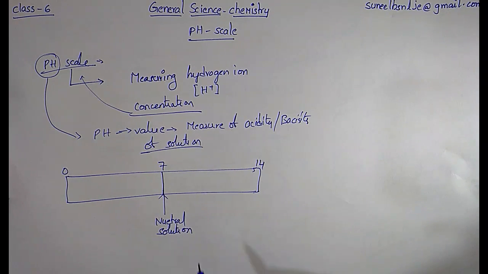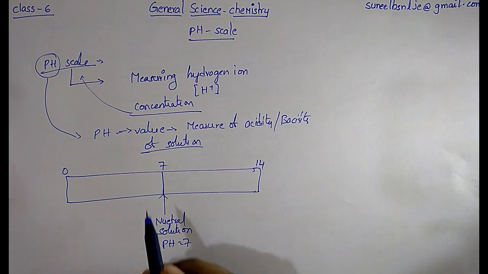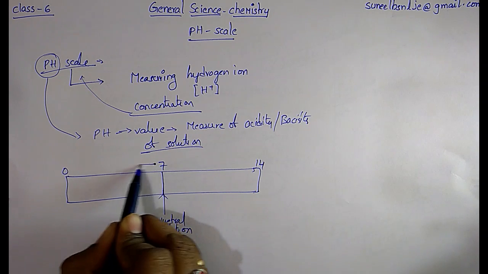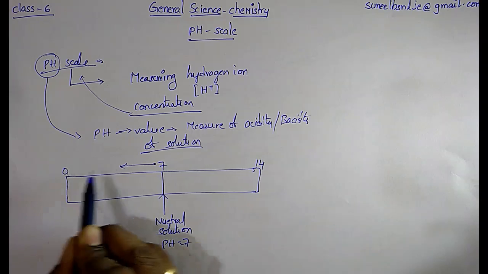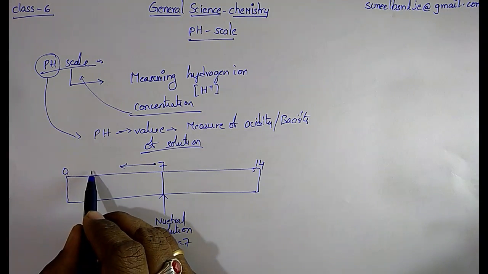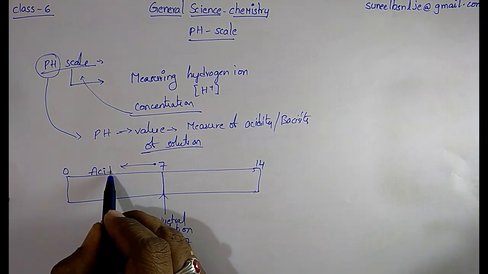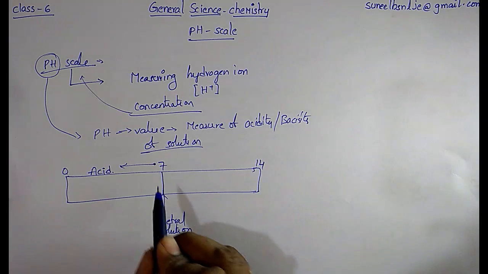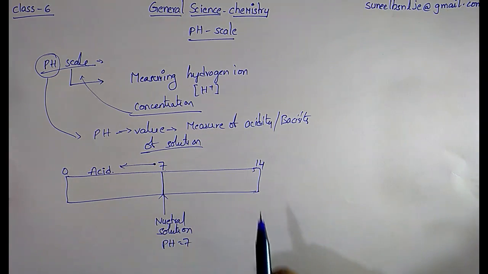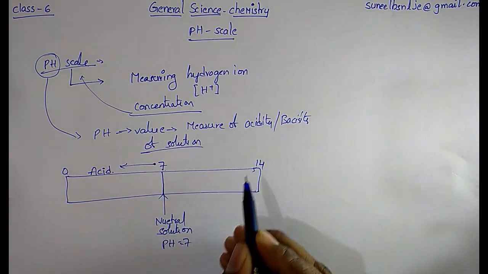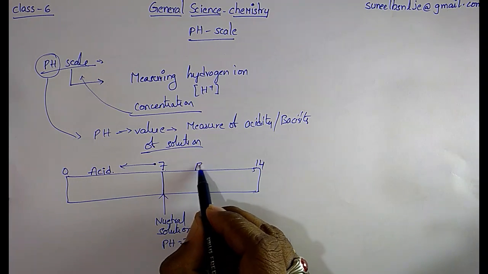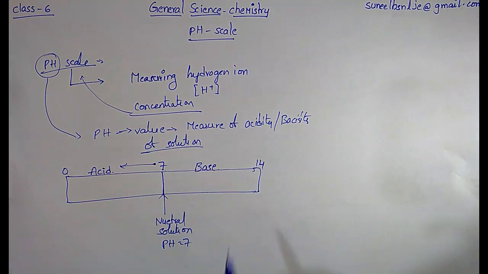That means if the pH value is equal to 7, then the solution is considered neutral. If the pH value is from 0 to 7, that solution is considered acid. If the pH value is greater than 7, in between 7 and 14, that solution is considered base.